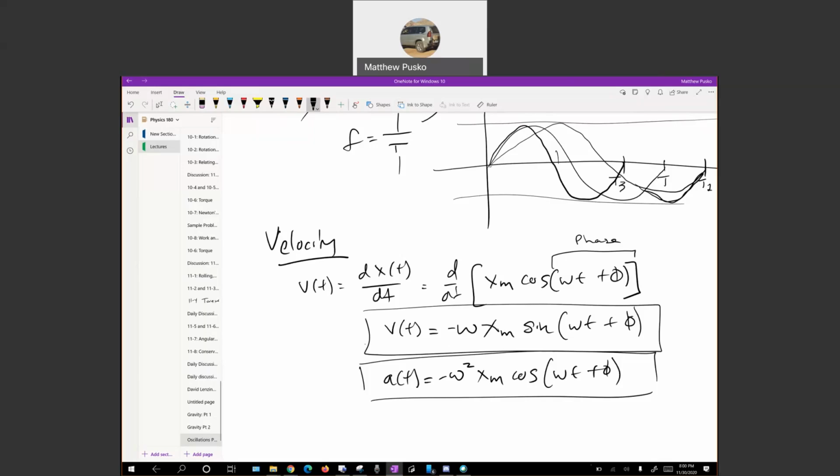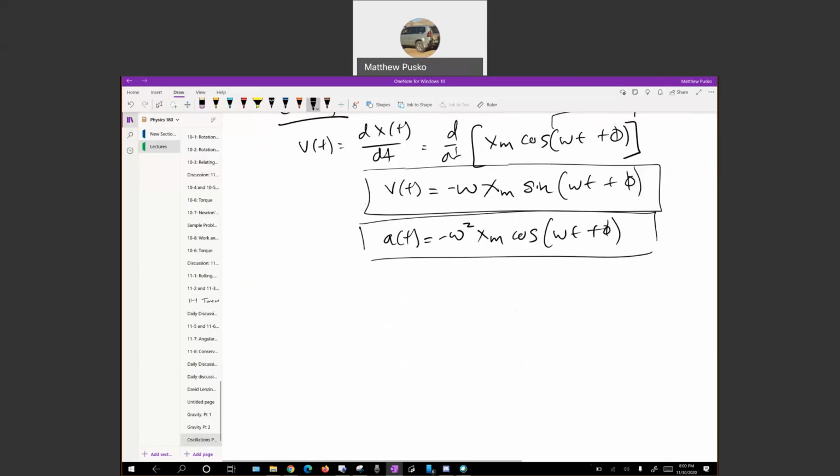If we want the acceleration, we just want the amplitude sometimes. What if we just want the amplitude of the acceleration in this thing right here? Well, we can find that by just calculating at any time t minus omega squared x of t.